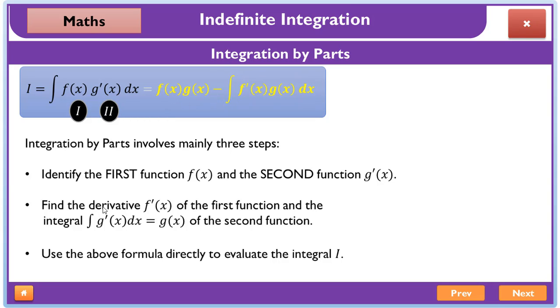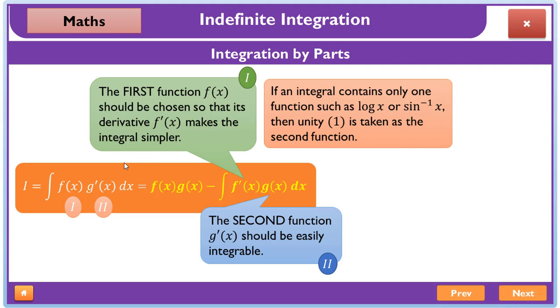After finding the derivative of f of x, that is f dash of x, and g of x, after integrating g dash of x, use these values directly in this formula to evaluate the integration. So choosing the first function and the second function is the key to use integration by parts.